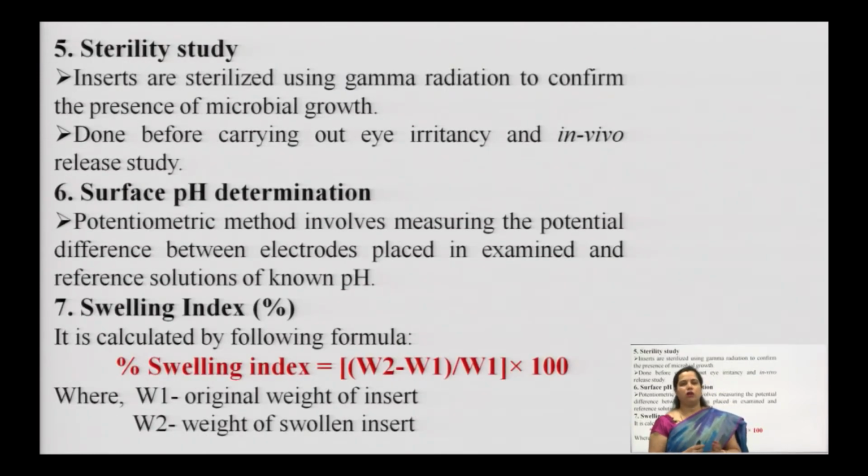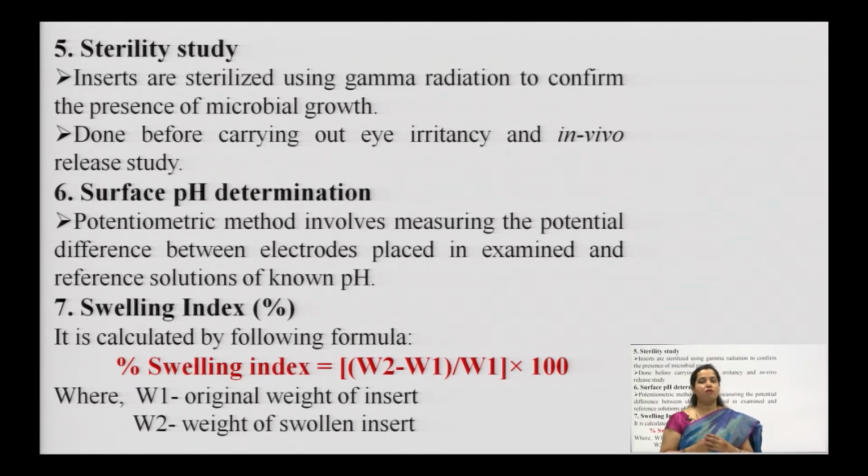Now, after weight uniformity, the sterility factor is again an important aspect. The ocusert needs to be sterile before using, so while preparing these ocuserts, it needs to be sterilized well, so that no microbial contamination takes place. Inserts are sterilized using gamma irradiation, and tested to confirm the presence of microbial growth.